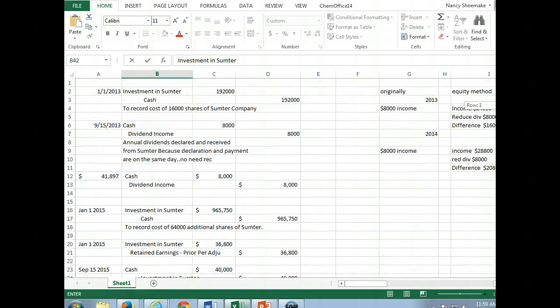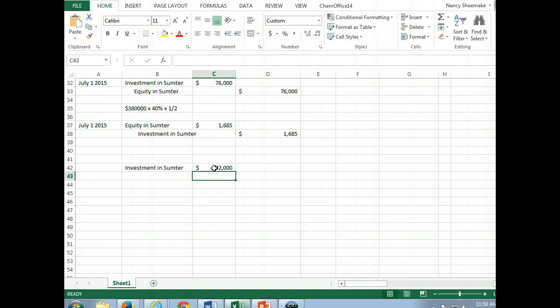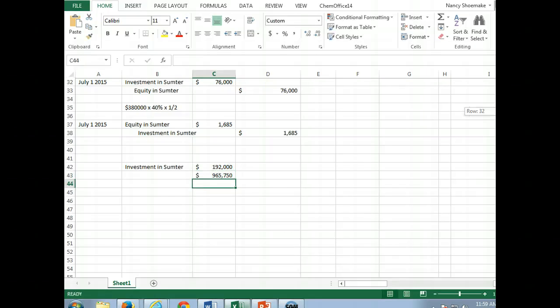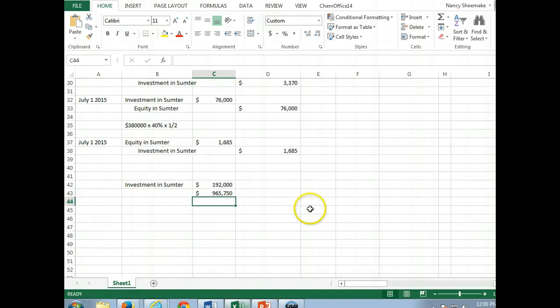We had 192 here, right? 192, that was the initial investment, plus 965,750. Then we had to do that retroactive adjustment of 36.8. See that? So we add that. Then we can subtract out our dividends, right?